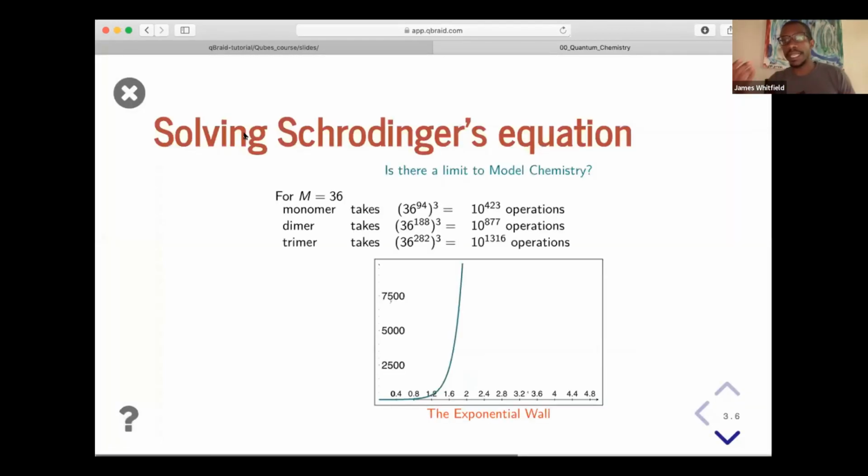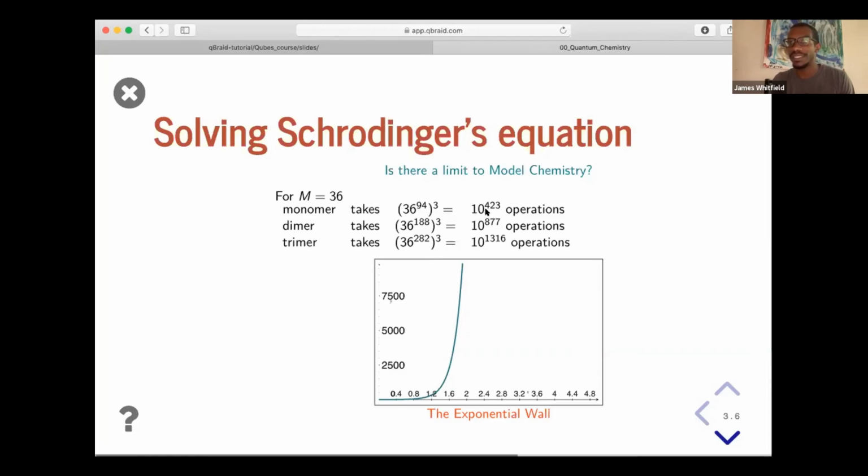So here, we give every electron for each one of these monomers 36 points it could be at, for whatever reason, just for the sake of argument. If there's 94 electrons, each one of these electrons can be in one of 36 places. So we have 36 raised to the number of electrons, which is 94 here, and then that is going to be cubed.